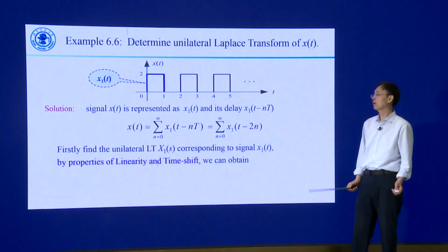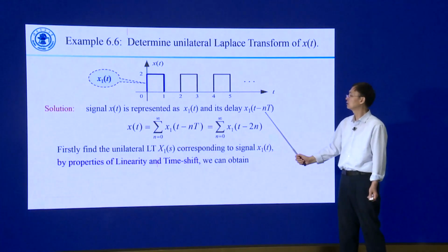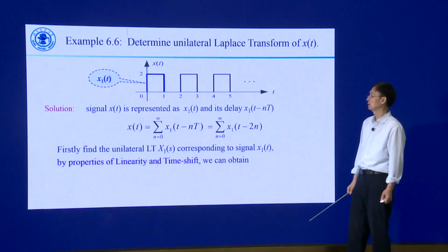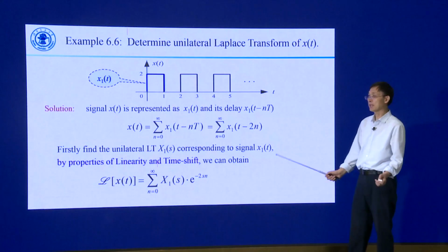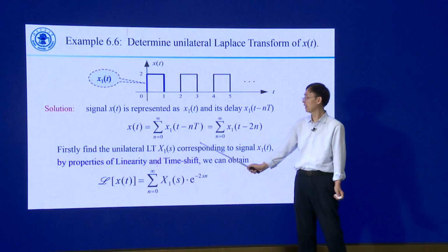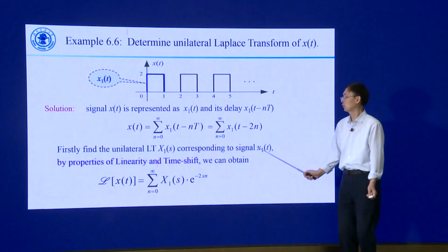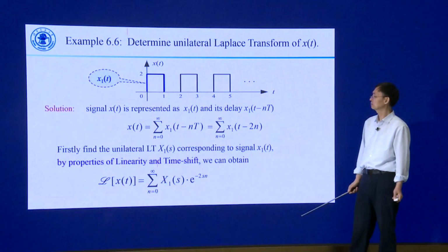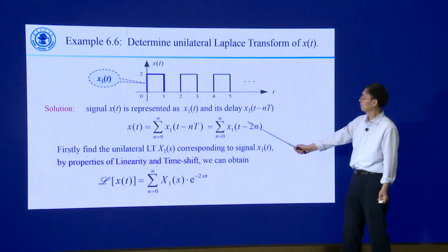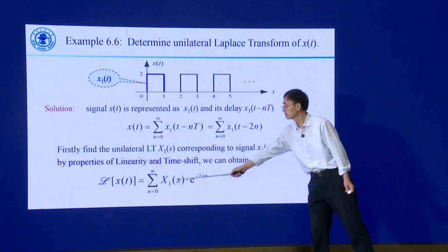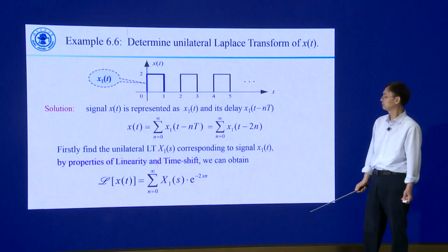First, we will find the unilateral Laplace transform for the x1(t). Then we use the properties of linearity and the time shift. We can get the X(s). From this equation, we can get this expression formula.